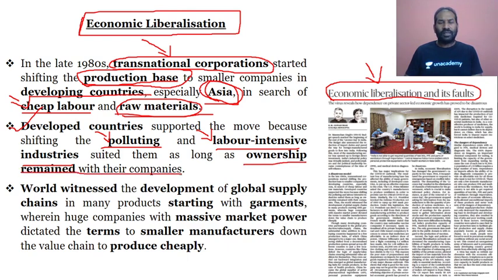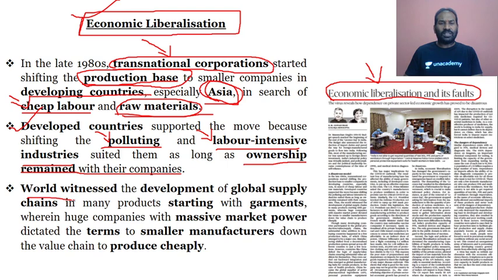They kept the ownership while shifting the production base which was polluting the nature of the developing country or region, and was very laborious. So this was the main reason why the transnational corporations started in the 1980s, in the pretext of economic liberalization.